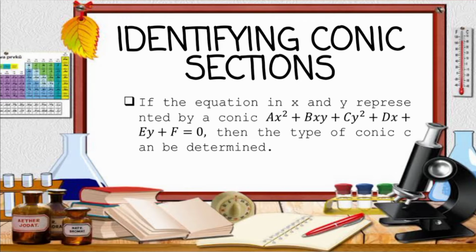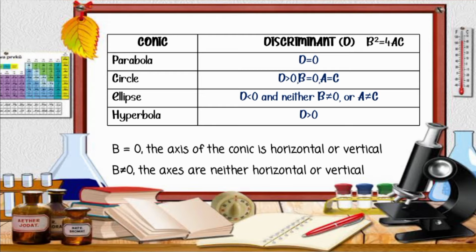We can identify the conic section if the equation in x and y is represented by a conic: Ax squared plus Bxy plus Cy squared plus Dx plus Ey plus F is equal to 0. Then, the type of conic can be determined in this illustration.